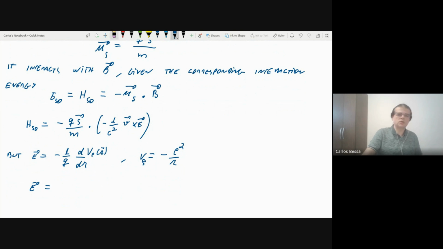So it's better to do it this way, to be more direct. So H is minus q S over m scalar, minus E, c squared, V, back to this here.